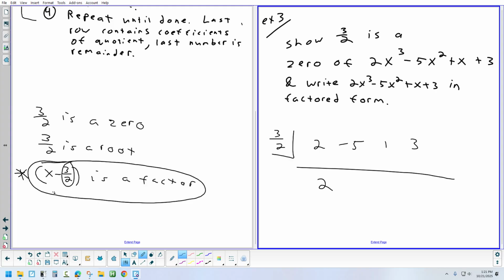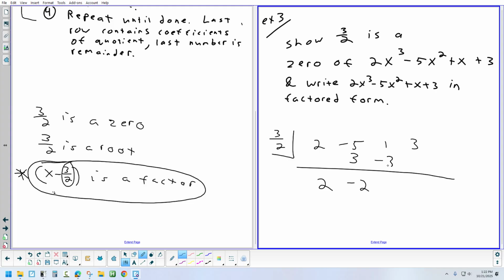What's 3 halves times 2? 3. Now add that column up. What's negative 5 plus 3? Negative 2. What's 3 halves times negative 2? Negative 3.